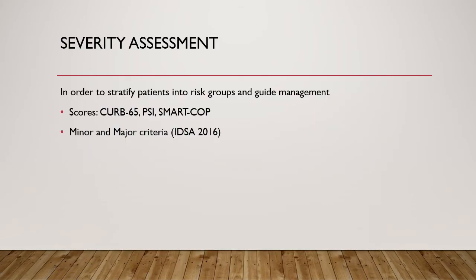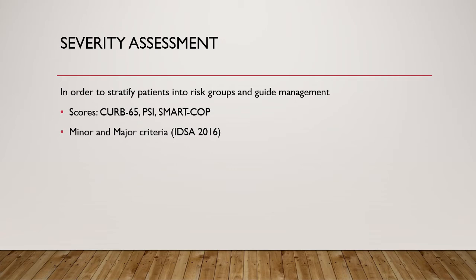So there are means of assessing severity of these patients, so they can be stratified, and management can be decided as to where to treat the patient: at home, in the hospital general ward, or in the hospital ICU. There are a number of scores that have been designed to look for severity. CURB-65 is one of the very simple scores, but it misses one important point, that's hypoxia.